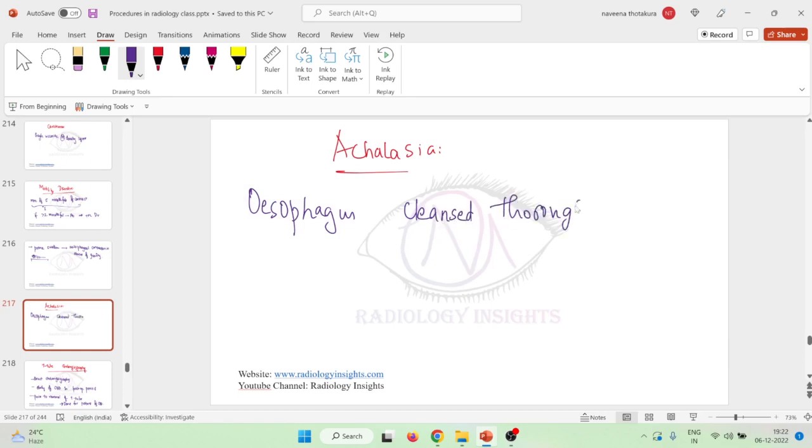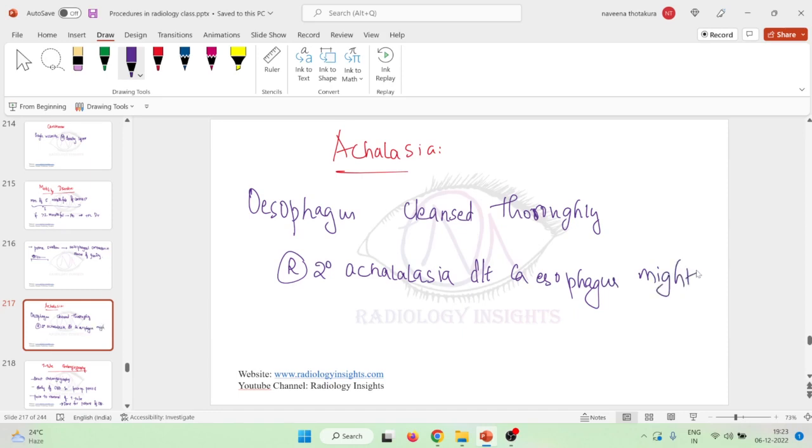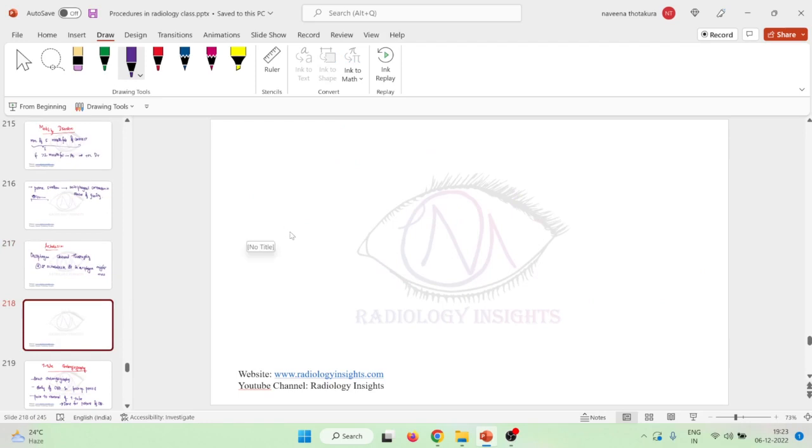Because in achalasia cardia we can have a secondary achalasia, which occurs due to carcinoma of the esophagus, and this might be missed if the esophagus is not cleansed properly. Then in achalasia we use 80% weight by volume of barium, and the patient is in erect position.